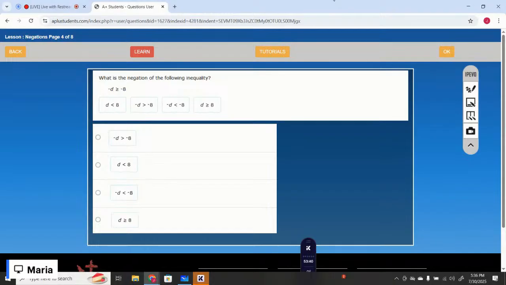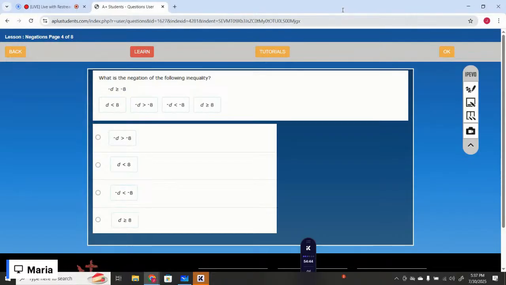Negative d is greater than or equal to negative 8.